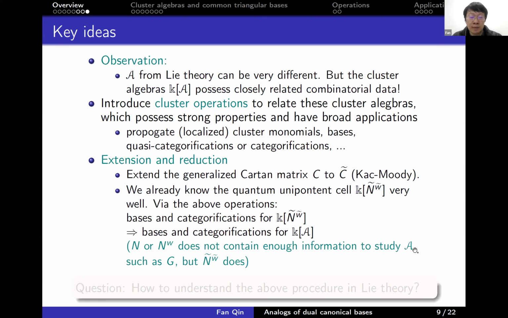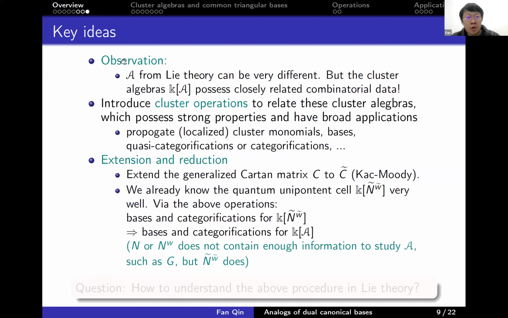For example, if you want to study the entire Lie group G, and N is just a subvariety of it, so it is insufficient to go from N to G. But here we first extend the Cartan datum. We consider the bigger Cartan datum and with a bigger size of the upper triangular matrices. So this contains enough information to study the original Lie group G. So this is the idea.